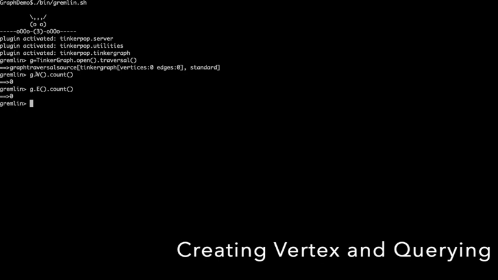We don't have any existing vertices and edges here. In a little while I will show you how I can import an existing graph into the Gremlin console. Before going to that, let's see the basic vertex creation and basic edge creation in this demo.